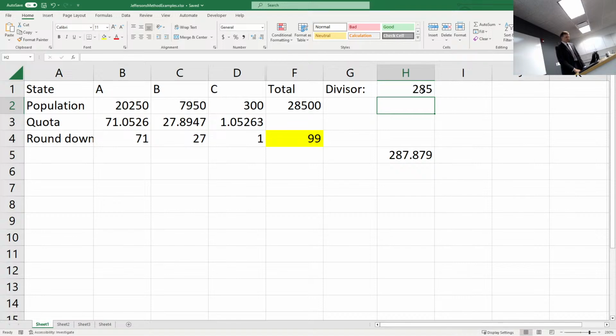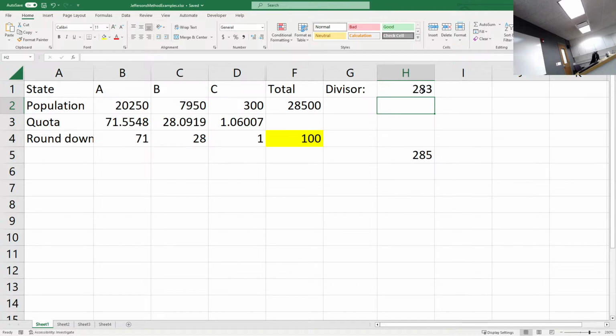I don't know if you've noticed this, it might be hard to tell exactly what's going on, but Jefferson's method favors larger states. Remember there were only 99 seats when we did the standard divisor? There's no way that extra seat would ever go to a small state. It generally goes to bigger states.